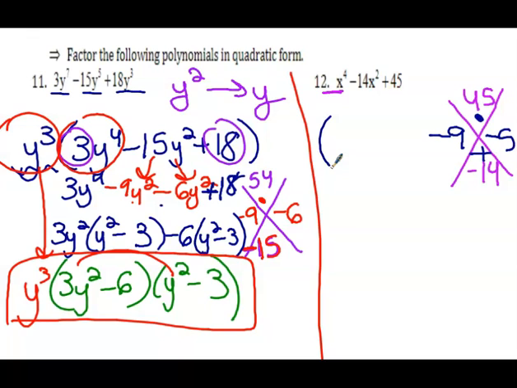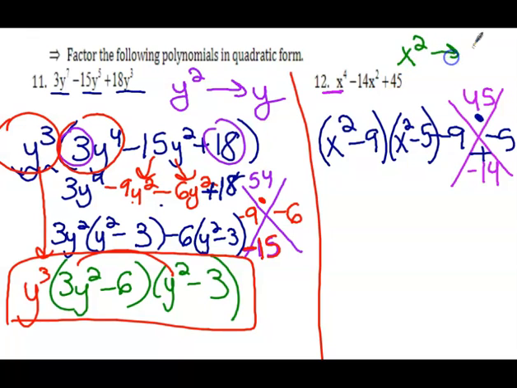So then I have x to the second minus 9 times x to the second minus 5. Okay, that's how I would get x to the fourth. So instead of putting in an x and an x, I put an x squared. Again, if you're not comfortable with that, you can substitute in an x squared.